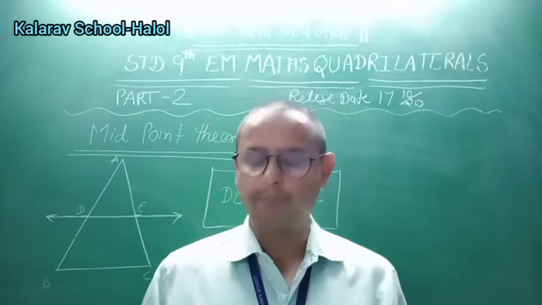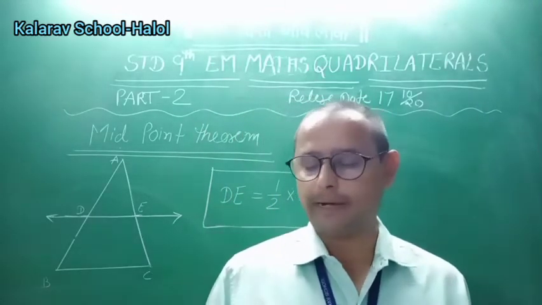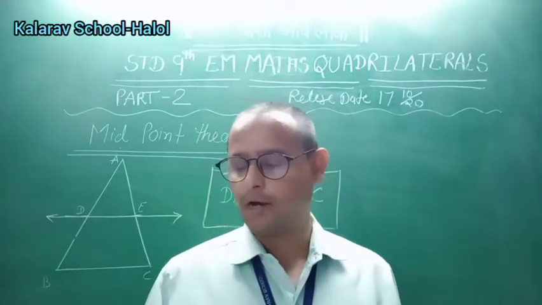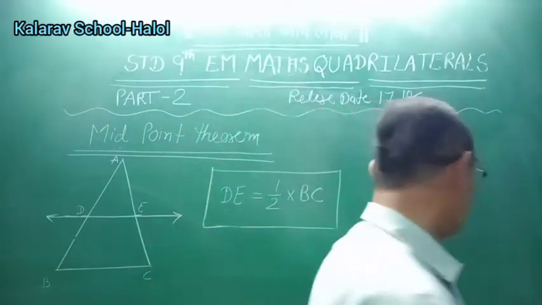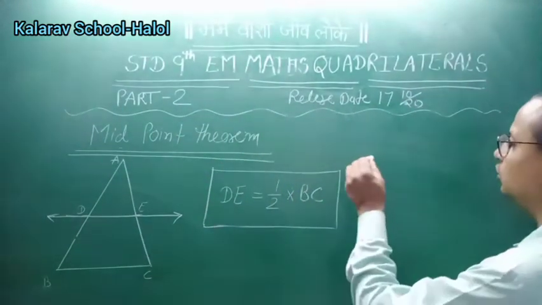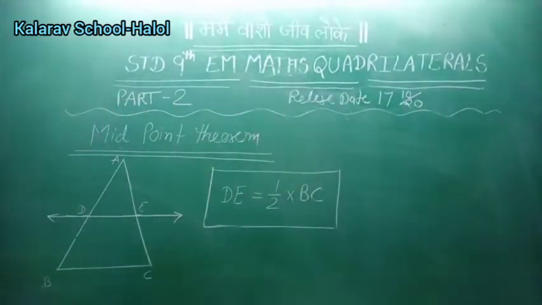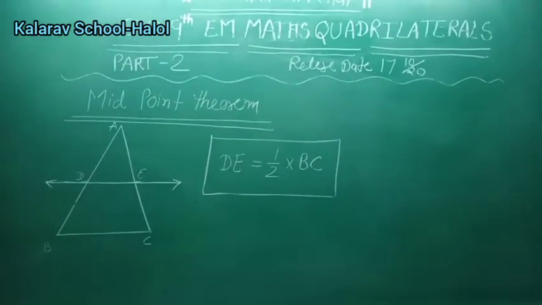Now come to page number 139. One statement is given in the form of a theorem: a diagonal of a parallelogram divides it into two congruent triangles. Just a minute, let me set the camera.